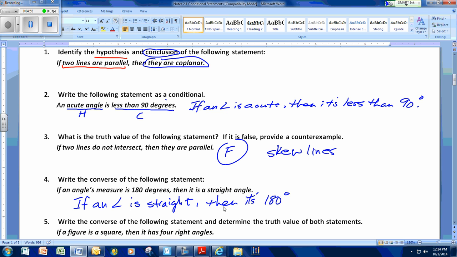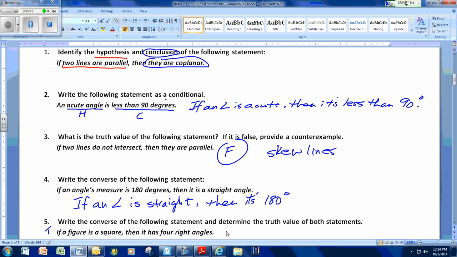And last but not least, we have number five. Write the converse of the following statement and determine the truth value of both. So we have one statement here. It says, if a figure is a square, then it has 4 right angles. That's true.